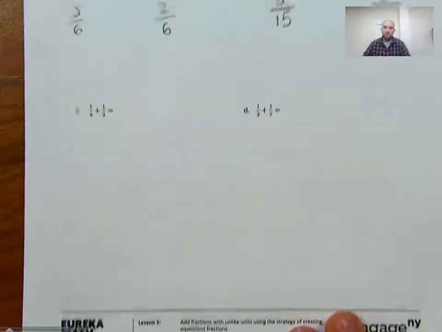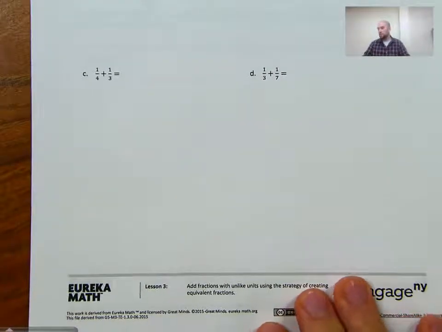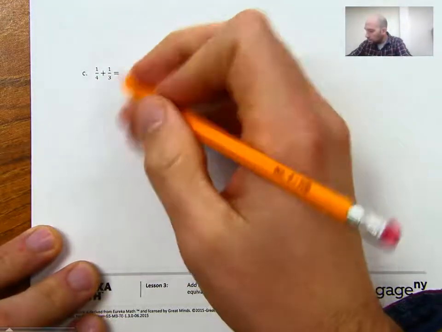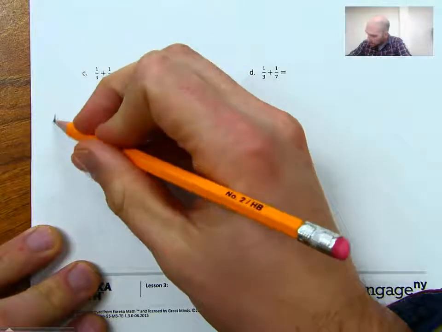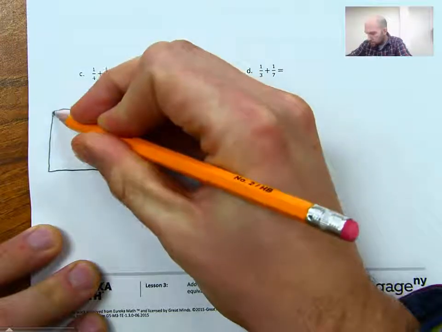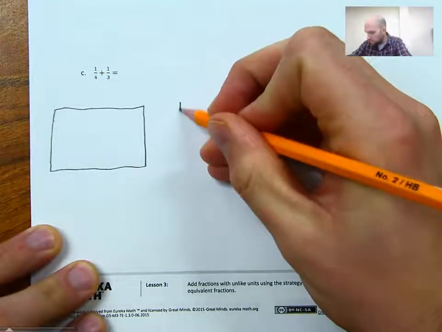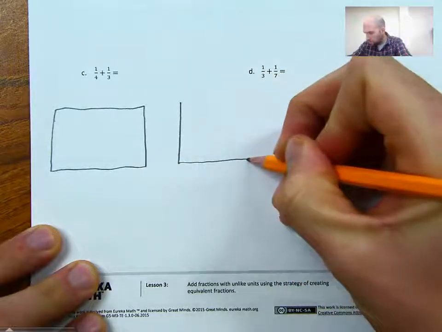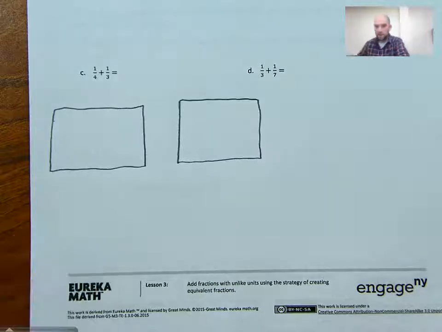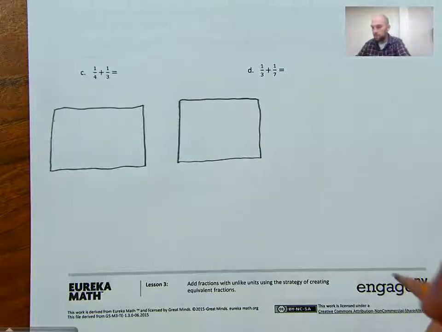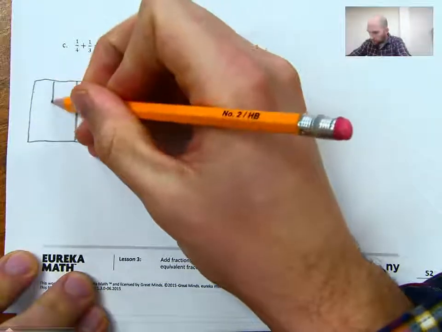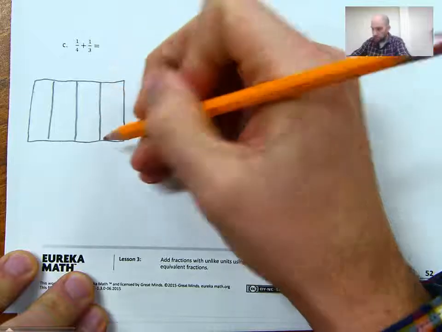All right, so I'll do a couple more here just so we can get in the practice of doing this. You get a chance to do some of these on your own as well. We'll make our 2 rectangles. All right, so we have 1/4 and 1/3. Fourths. Do vertical lines here.